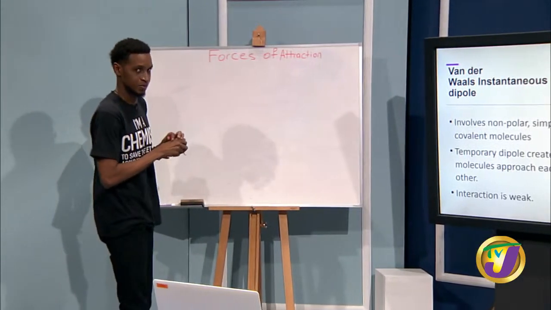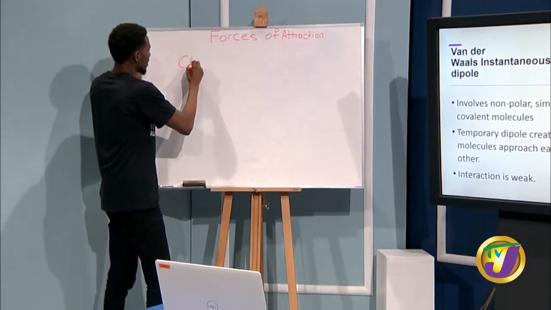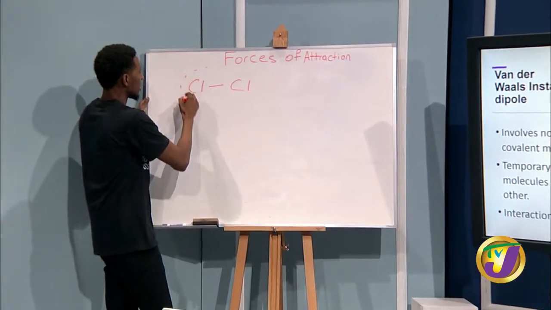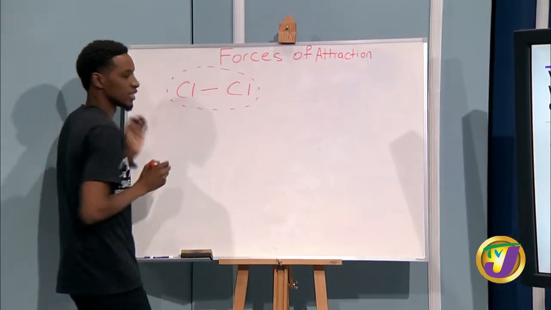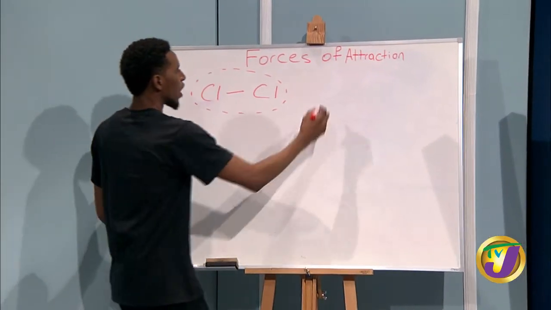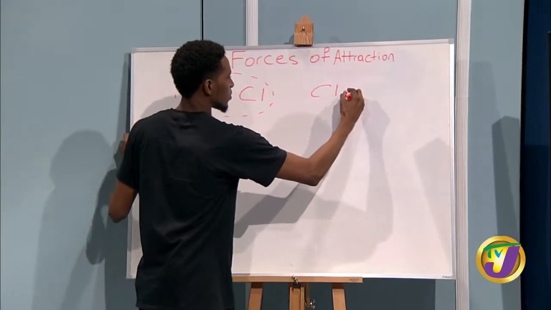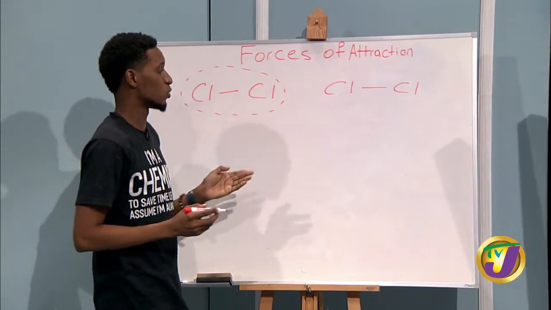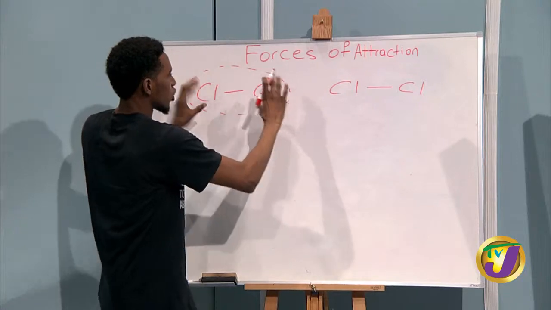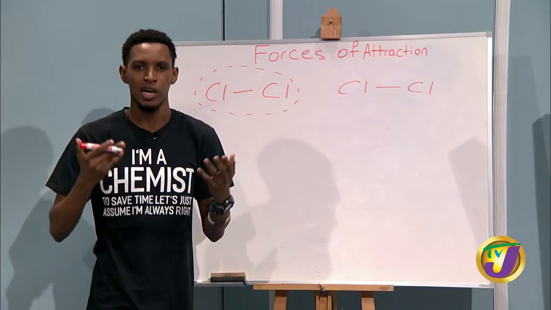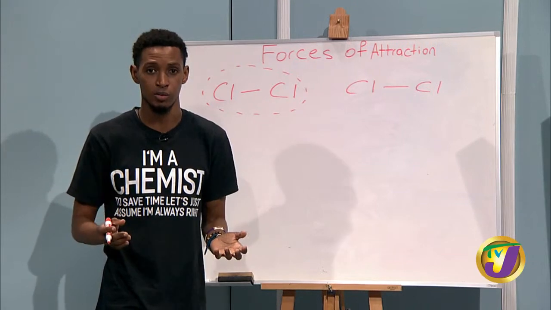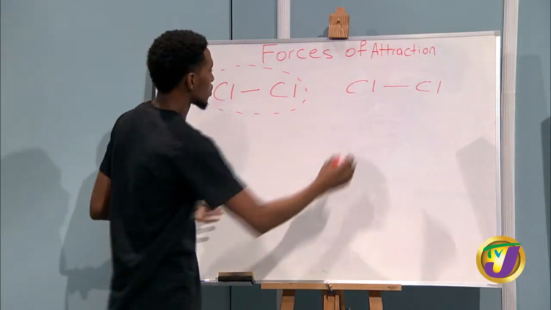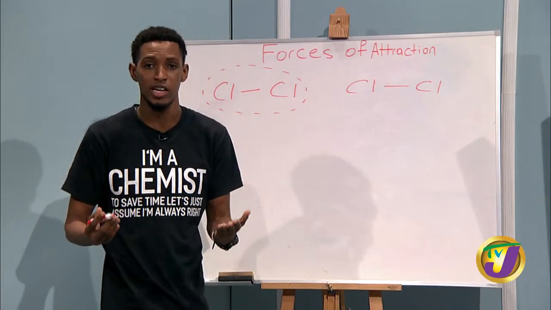So let's move to the board. We have the chlorine molecule with equal electron distribution. When the other chlorine molecule approaches, it would have an even distribution as well. But since electrons repel each other, and electrons are attracted to positive charges and repelled by negative charges, this chlorine molecule has a big electron density around it.